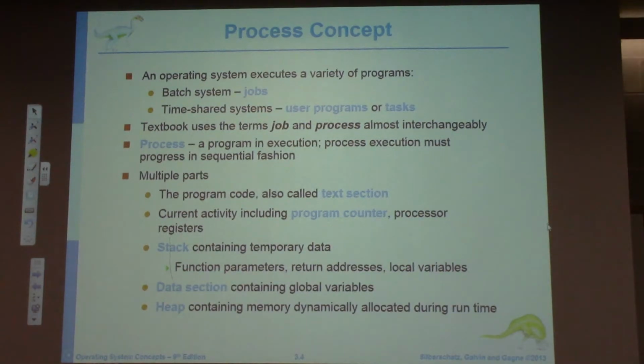In a time-shared system, it's called a task. Sometimes one job consists of many tasks. You will see what a thread is later: you execute one program, one process, and that creates multiple threads.